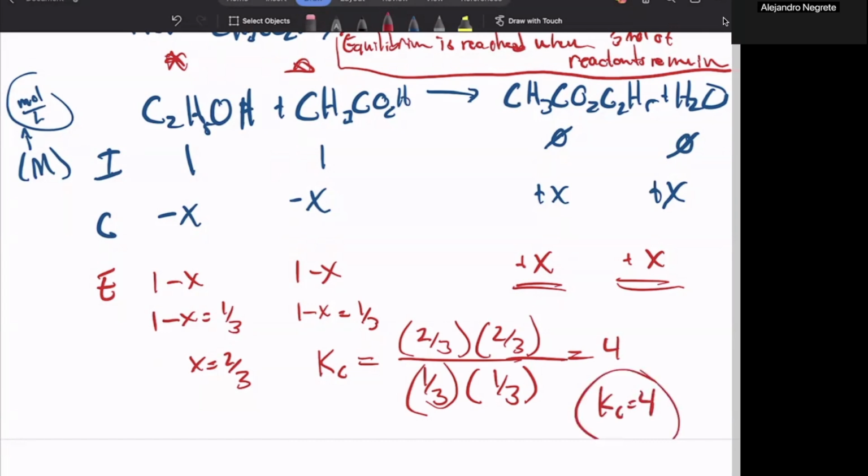So we were again able to figure out what K sub C is, provided we were given equilibrium concentrations.